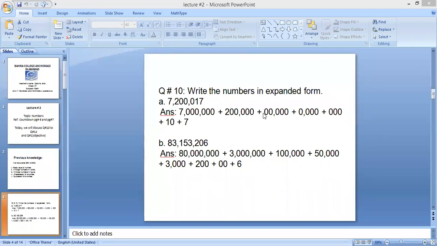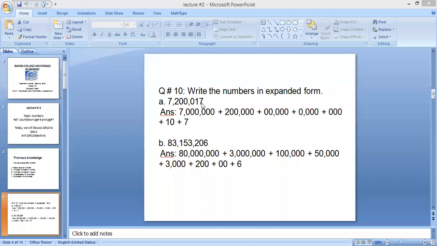Then addition sign, come to the next one, 0. Okay, you will write the place value of this 0. You can check you have 4 more digits to the right side. You can write that here. Similarly, when you write the place value of this 0, you will put 3 zeros. Then similarly for writing the place value of this one, you will write 1.